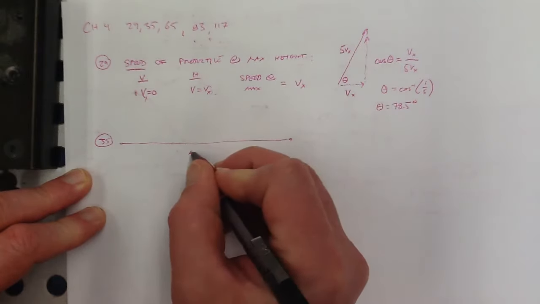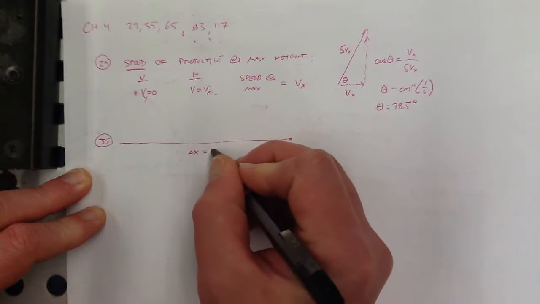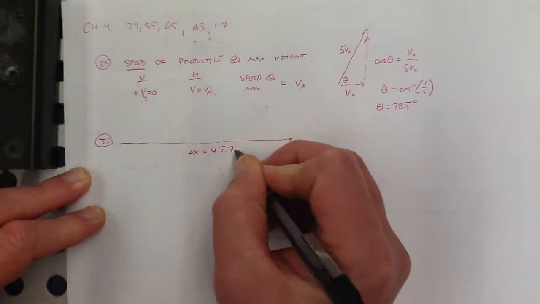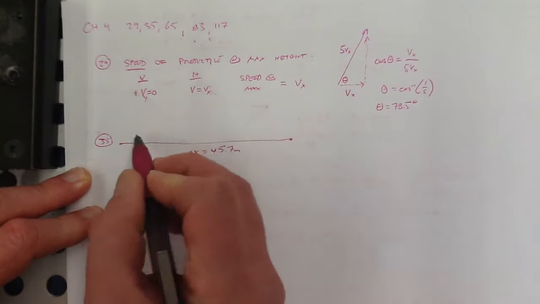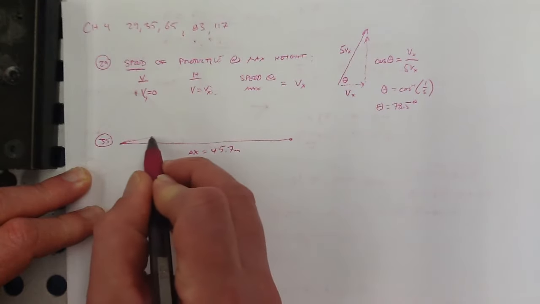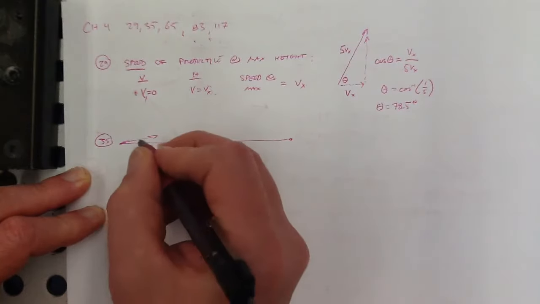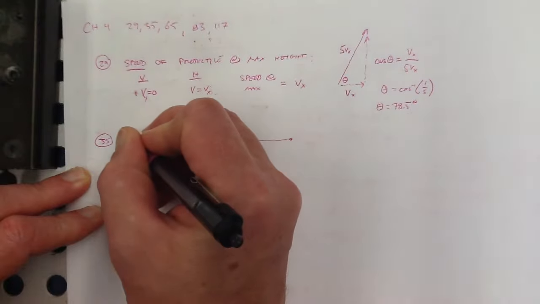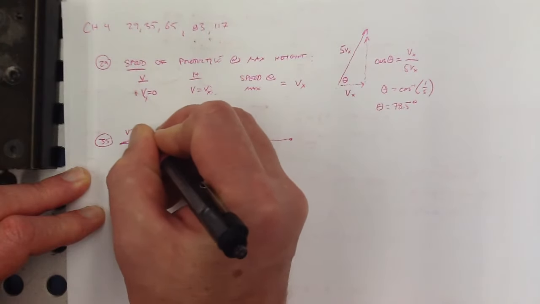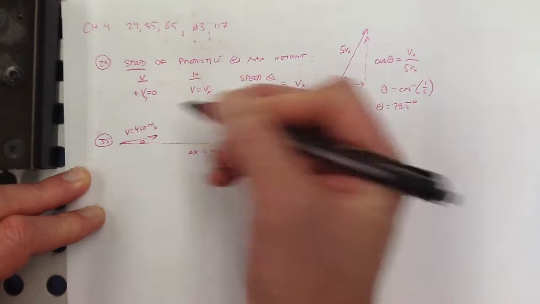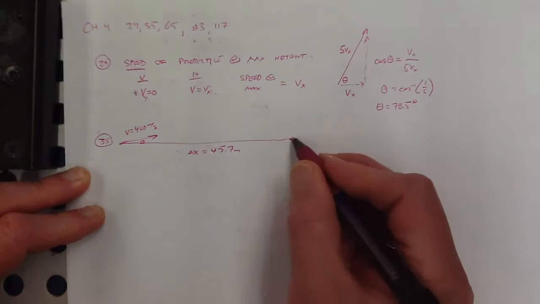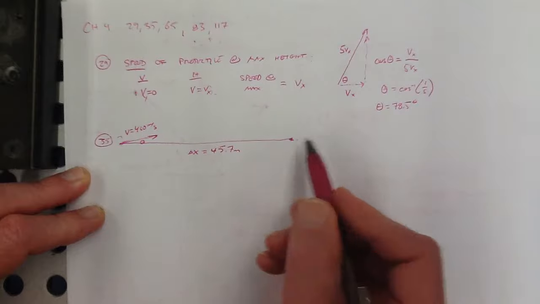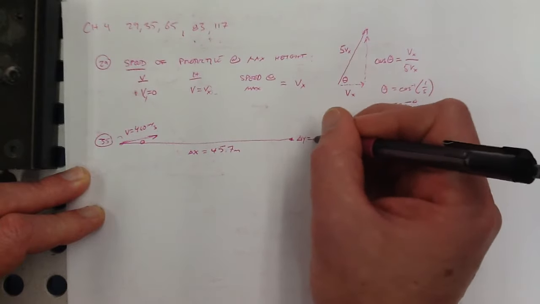So we got a delta x here of 45.7 meters, and I need to launch. That's an exaggeration, but even that is a little tricky to draw. The launch speed is going to be 460 meters per second, and I want it to come and hit right there, so I want the delta y to be 0.